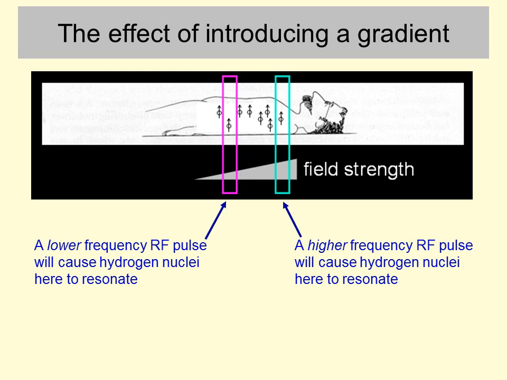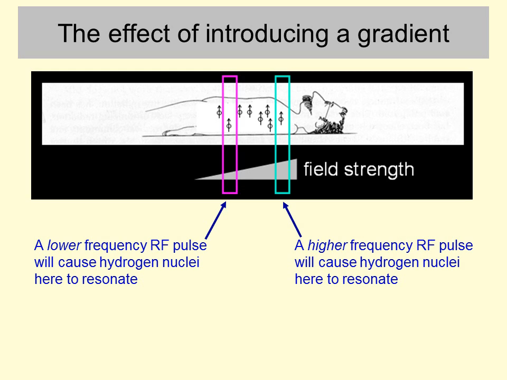Now, here's an example of how that works and how that can help us. Here, a gradient has been introduced in the magnetic field strength in the z-axis direction of the magnet, which is the y direction in our stereotaxic coordinate system.